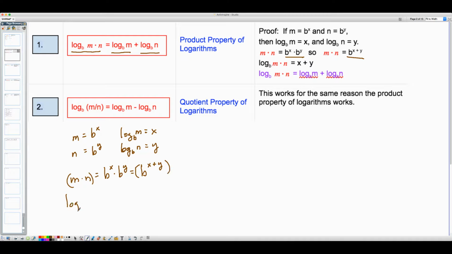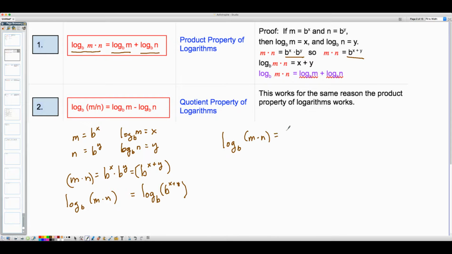So the log in base b of m times n is equal to the log in base b of b raised to the power of x plus y. In a property I'm going to discuss shortly, you will see why this is what it is.